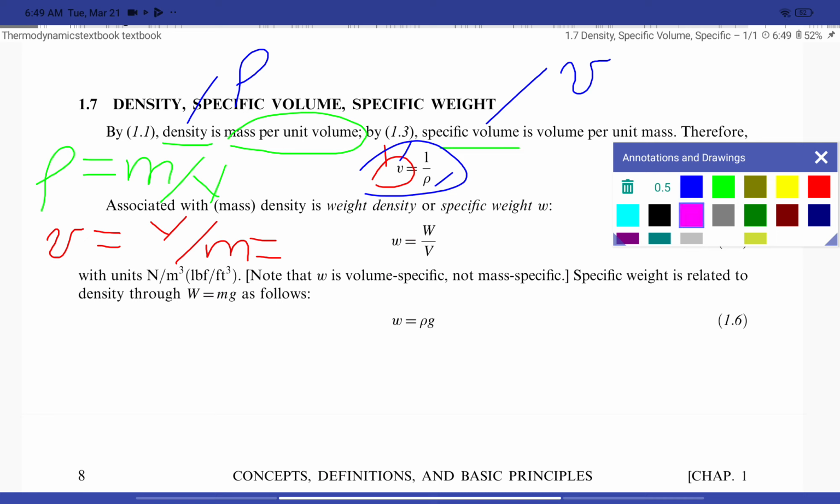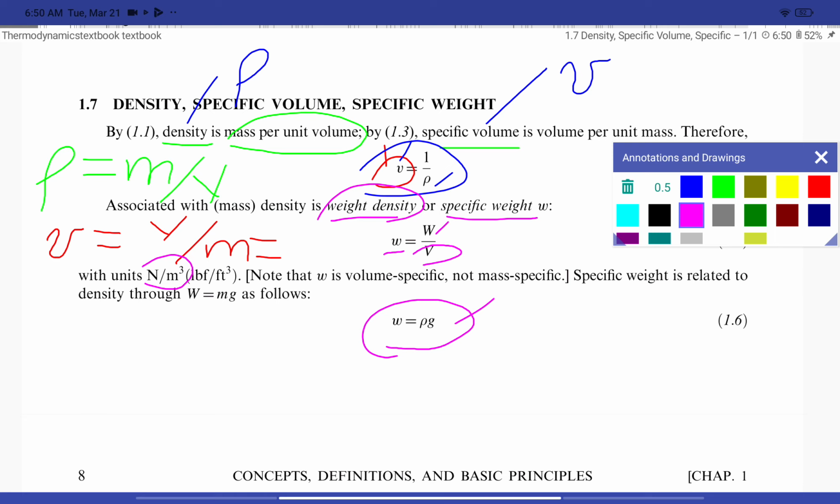So weight density is equal to the weight over volume V, and the unit is Newton per cubic meter. It can also be expressed in terms of density and gravitational acceleration G. This is the formula. We call it specific weight.